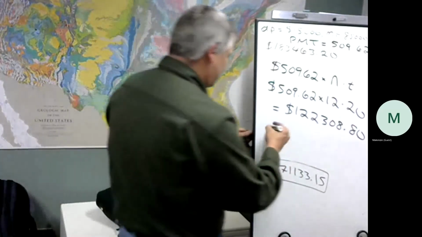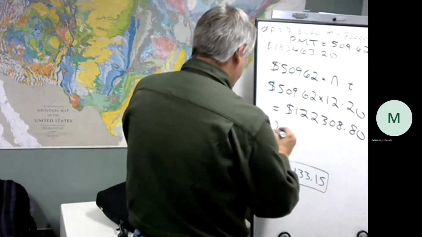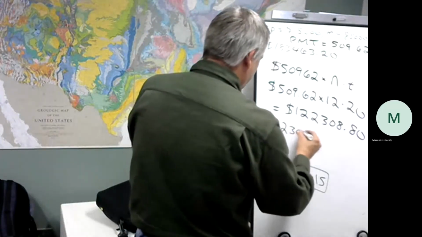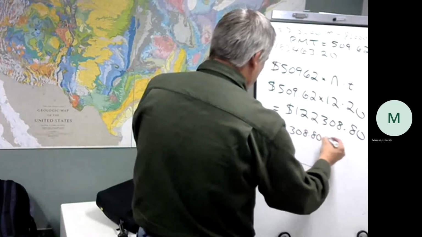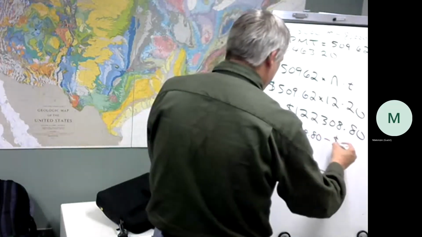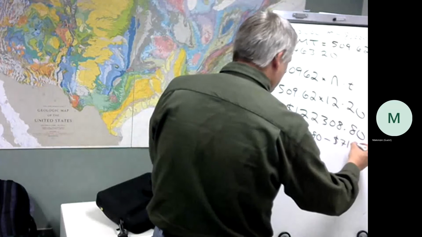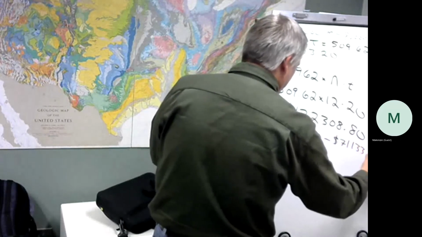So how much do we save? Well, we take what we would have been paying over 20 years minus the $71,133.15.